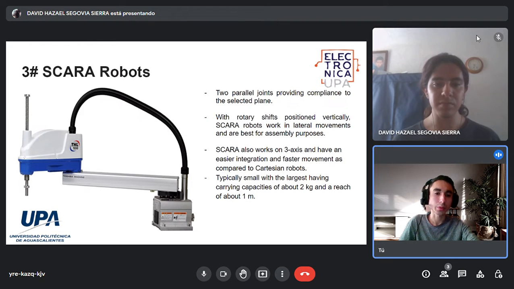With a rotating shaft positioned vertically, SCARA robots work in lateral movements and are best for assembly purposes. These robots also work on three axes and have easier integration and faster movement compared to Cartesian robots. These kinds of robots are typically small, with the largest having carrying capacities of about 2 kilograms and a reach of about 1 meter.